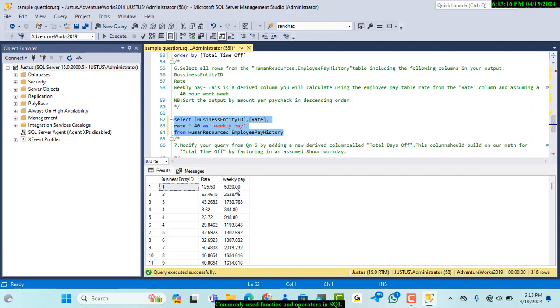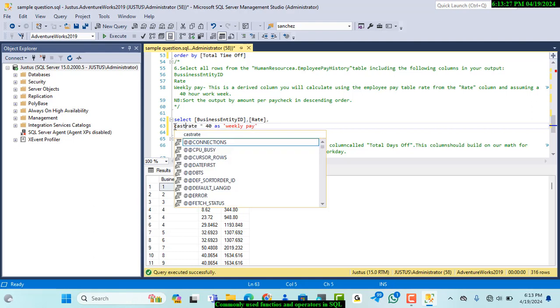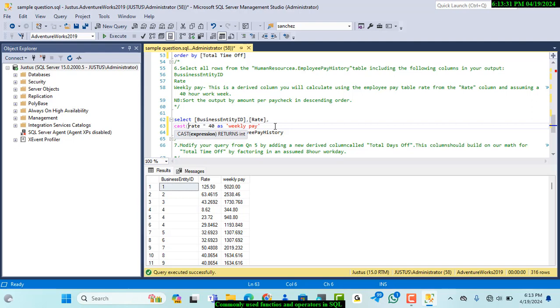So what if I want to do away with the decimals? If I want to do away with the decimals, I'm going to use the cast. So I'll type cast. The function cast will change the data type from decimal to integer. So I'm going to change this column from decimal to integer, as a decimal 18.